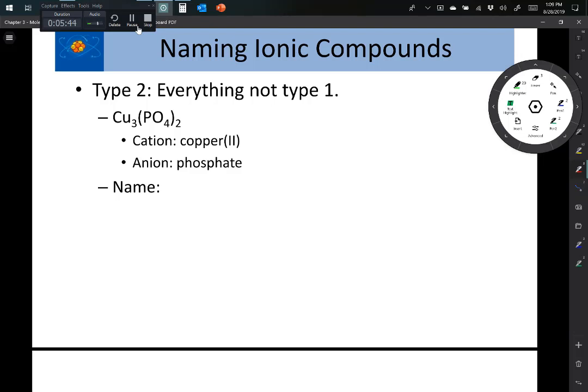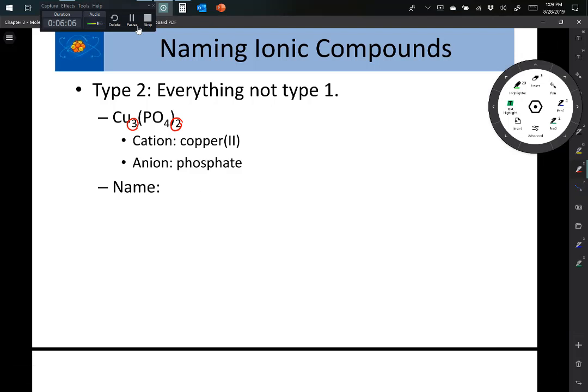I know the cation is copper 2 because I'm looking at this formula, and I see this 3 here, and I see this 2 here. The 3 goes with the phosphate, so the 2 must go with the copper. So that's how I know that right off the bat.